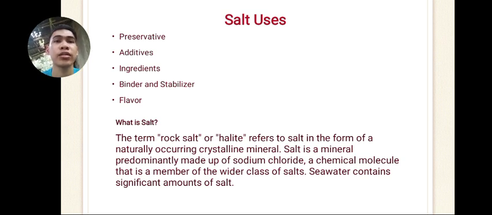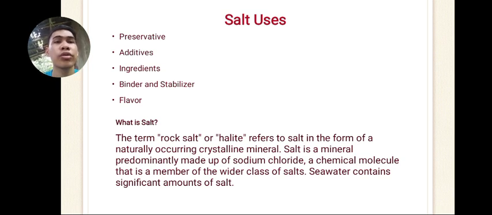So what is salt? The term rock salt or halite refers to salt in the form of a naturally occurring crystalline mineral. Salt is a mineral predominantly made up of sodium chloride, a chemical molecule that is a member of the wider class of salts.